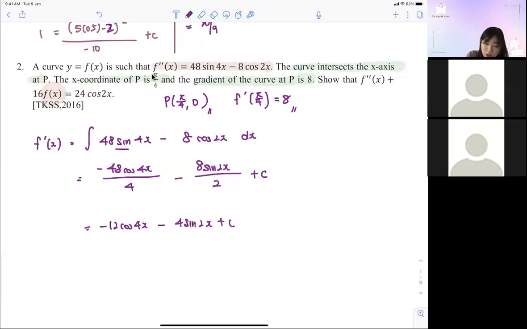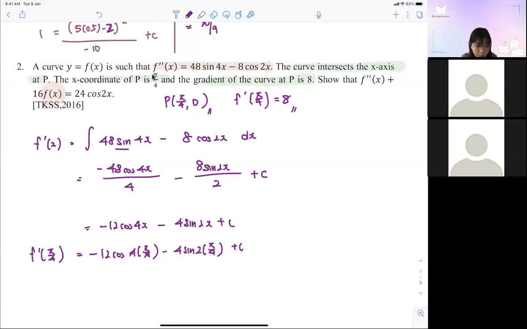Okay, then we substitute. Can you see this here? Gradient is 8 at P. That means when x is pi over 4, your gradient is 8. So we're going to sub that in. Just sub pi over 4 in. Change your calculator to radian mode.